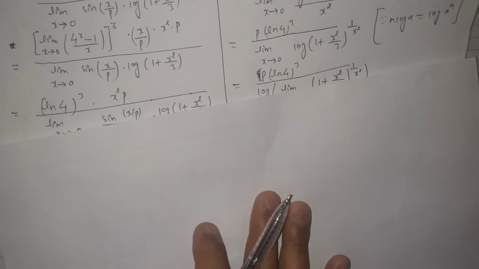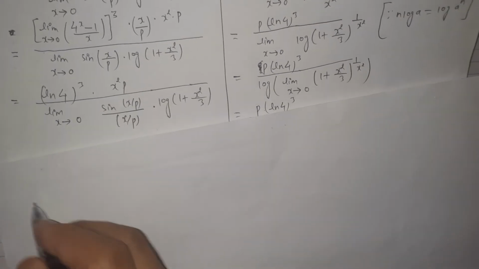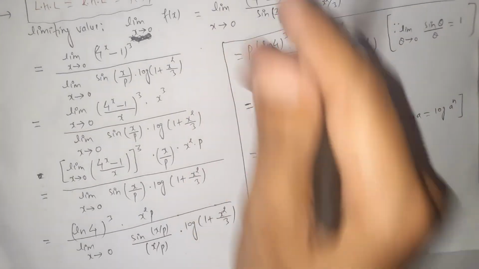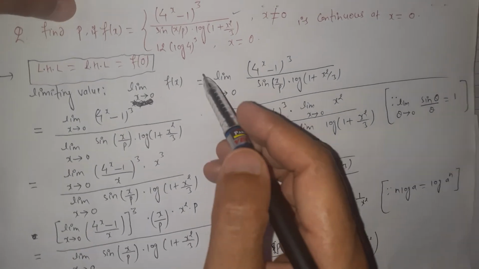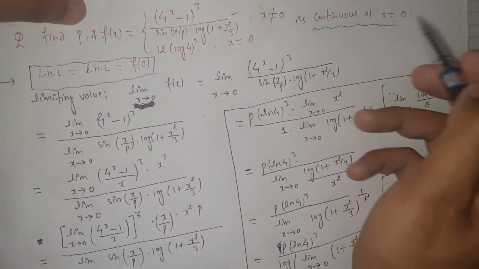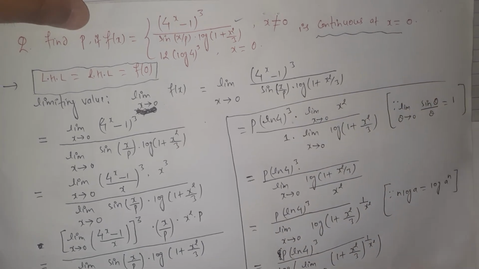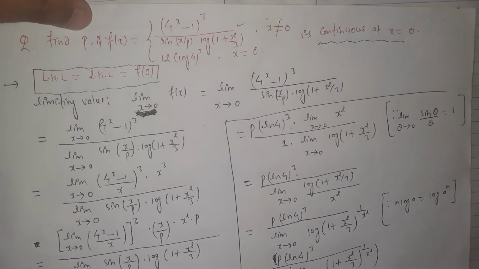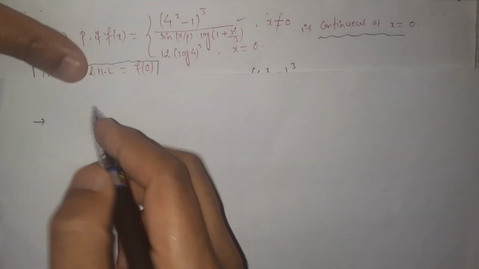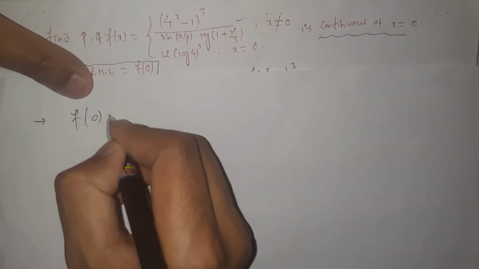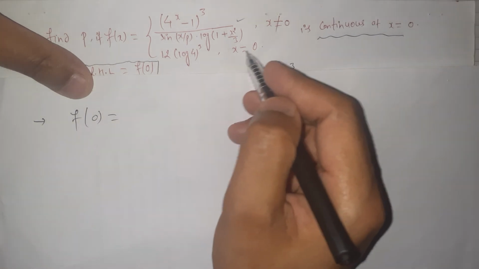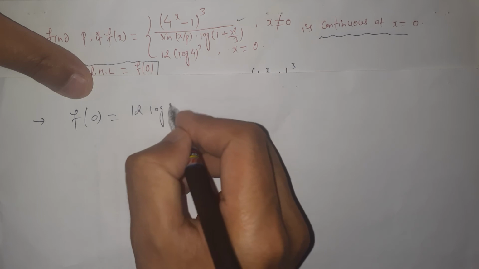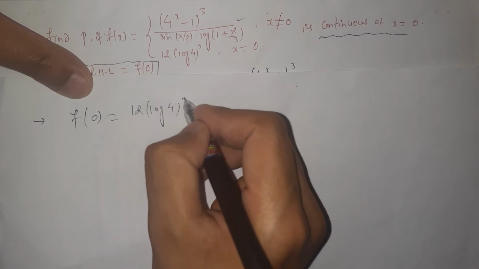And here the given condition is that this function is continuous at the point. For a continuous function, the limiting value should be equal to the functional value. Let's calculate the functional value. f of 0, at the point 0, the functional value is 12 times log of 4 raised to the power 3.